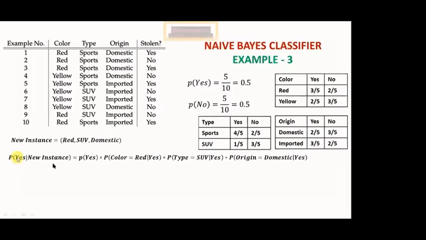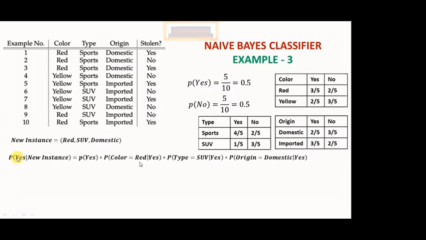And then the final thing is we have to find out the probability of yes for this new instance. The probability of this new instance being stolen is equal to the probability of yes times red color being yes, SUV being yes, domestic being yes.